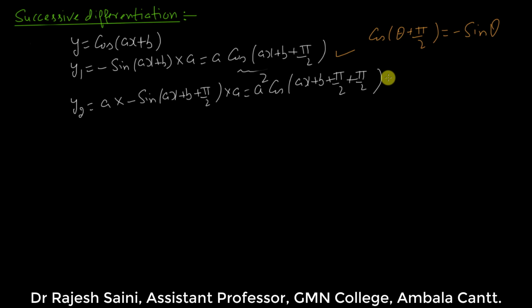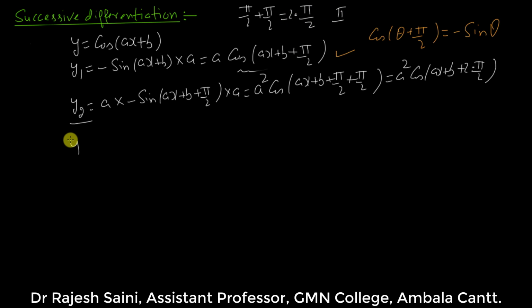So this will be a square cos ax plus b plus 2 times pi by 2. So we have written 2 times pi by 2 because we know that pi by 2 plus pi by 2 is pi, but because in the end we have to generalize, I have written it as 2 times pi by 2 instead of pi.